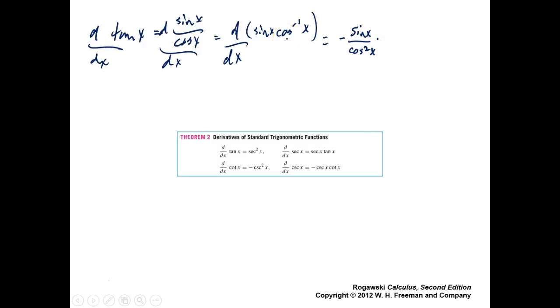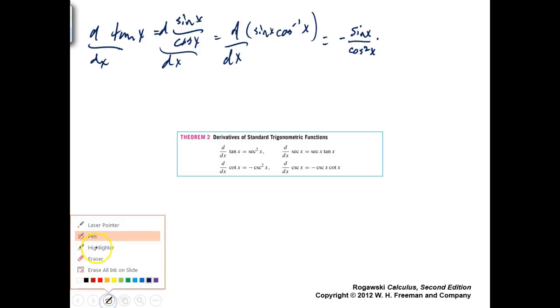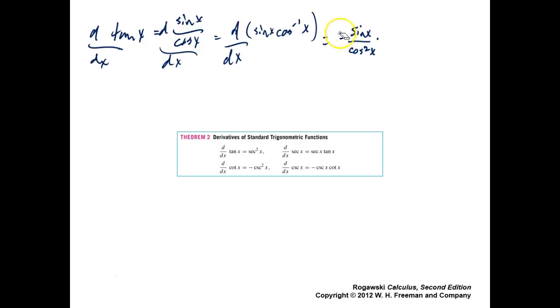Here's the problem with doing it this way. You have to know chain rule, and we haven't done chain rule, so let's back up and do it the other way. Quotient rule, yuck. So let me go back and erase. I forgot. With the product rule, in this case, you need the chain rule. So okay, what is the quotient rule?